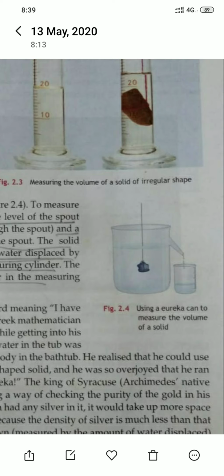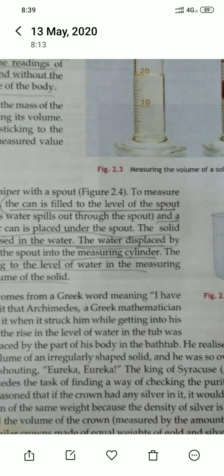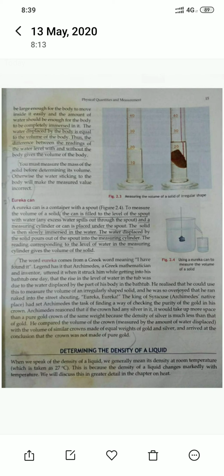There you put a beaker that will measure the amount of water coming out. The beaker already has graduations over it, so you measure it and that gives us the volume of the irregular solid.